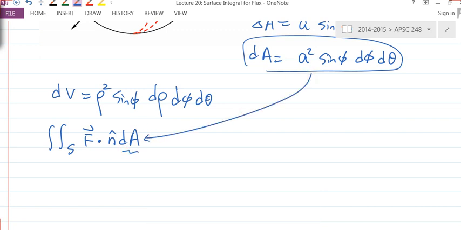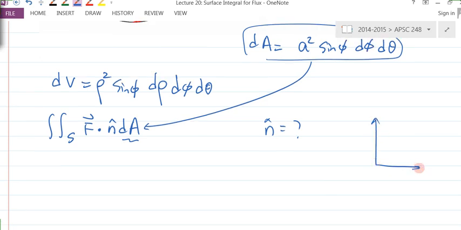So now the question is, what is n hat? Remember what the definition of n hat is. N hat is a unit normal vector to the surface. Now the surface is a sphere. How do I get this n hat then?